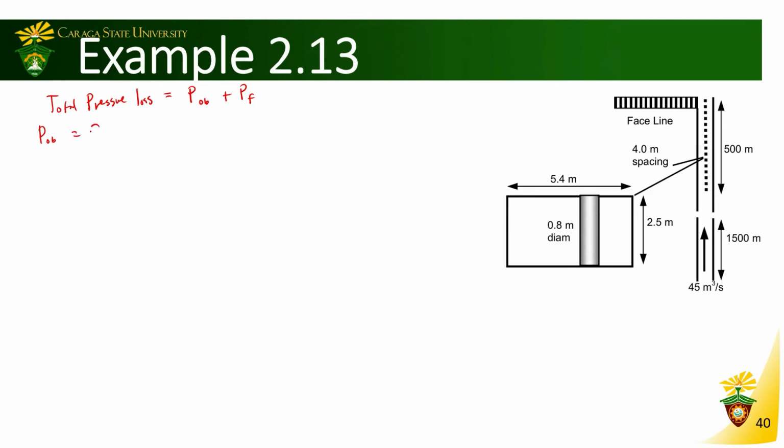is equal to CD corrected times CF times 1/2 times rho over A squared times Q squared. And we know that the corrected C sub D is equal to C sub D times C HW, or the height to width ratio, times C sub SW, or the spacing to width ratio. C sub D is equal to 1.2.